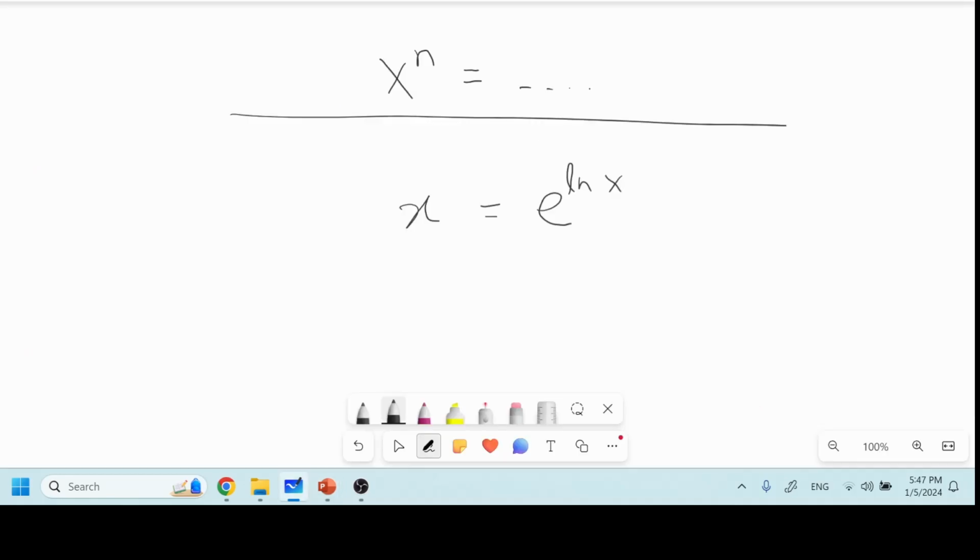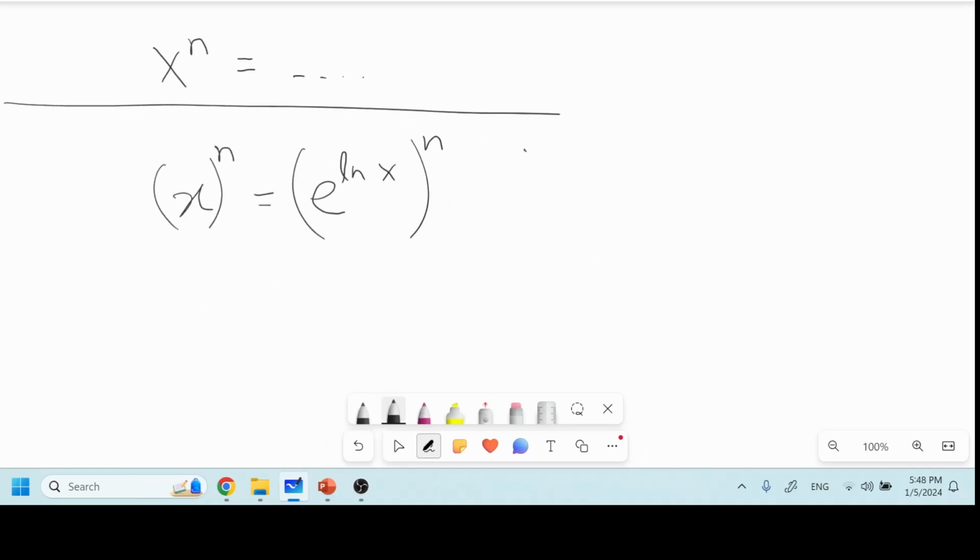Then what we do next is to raise both sides of this equation to the power of a real number n. According to one of the rules that we have seen earlier, e raised to the power of a and then raised to the power of b is the same as e raised to the power of a times b.